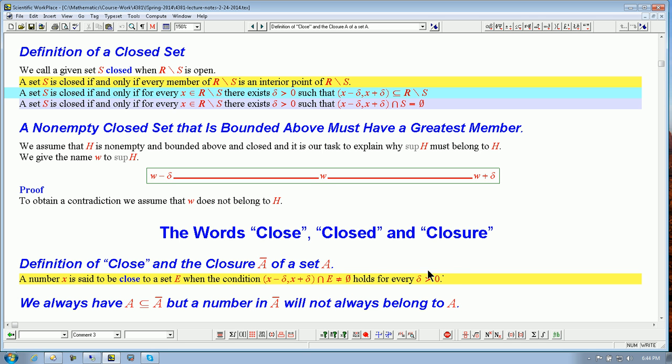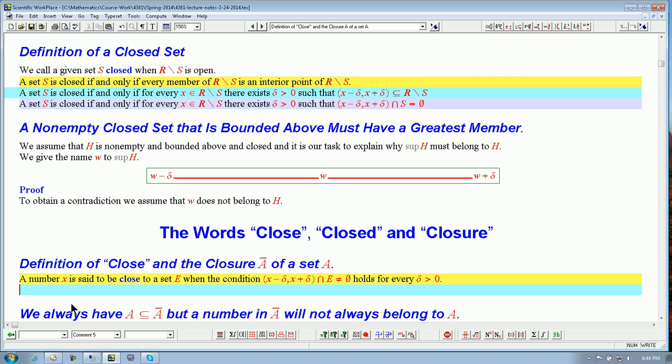And I'm going to tell you again in a different color what it means for a number to be close to a set. Give me a moment. I have to finish this thought.